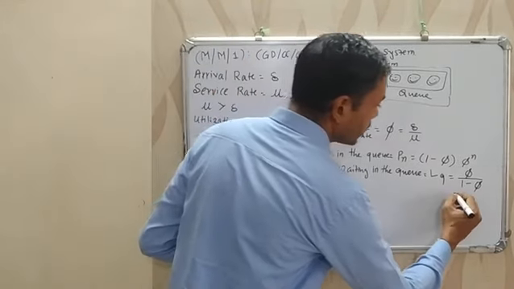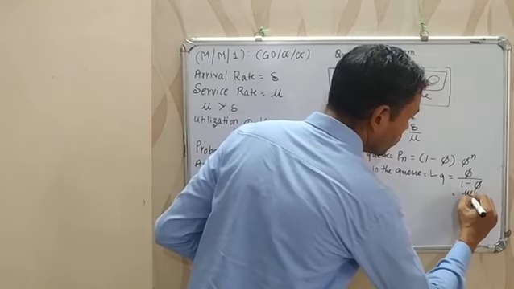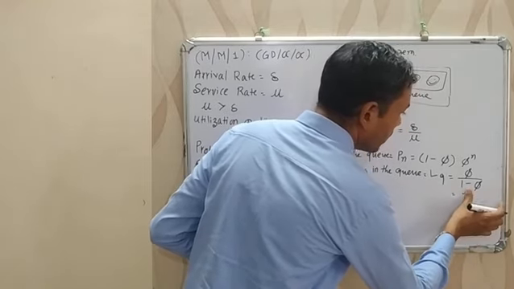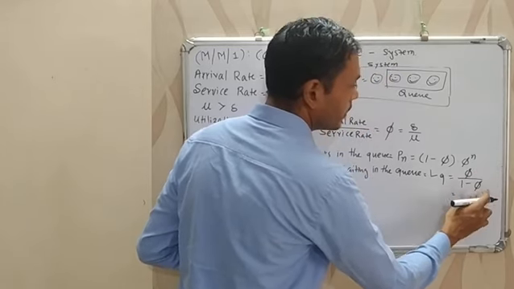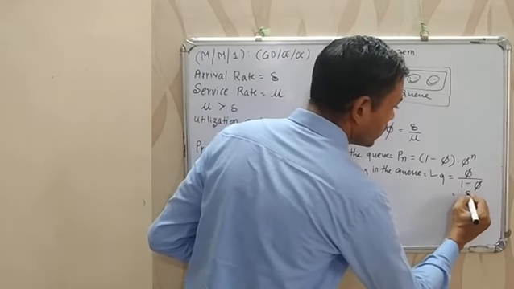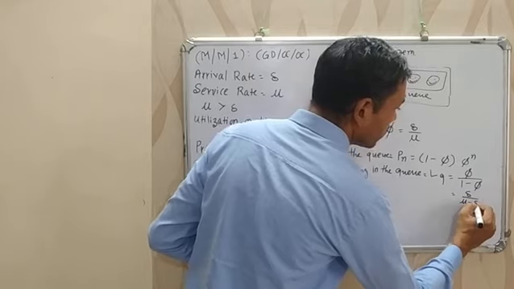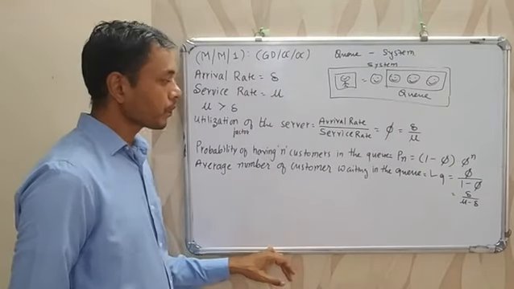Or in other terms we can say it is delta by mu divided by 1 minus delta by mu. So it is delta divided by mu minus delta.